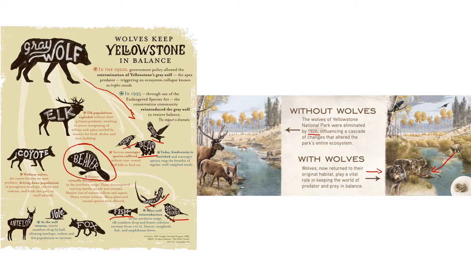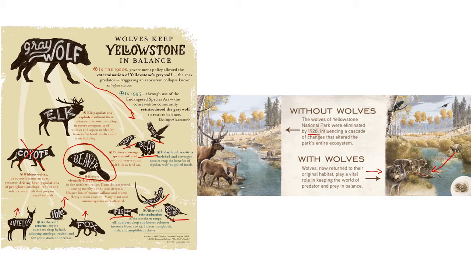Wolves also outcompete coyotes. So without the coyotes, the vole populations increase, the fox populations can increase, and that allows them to return to what their sizes naturally were, and the antelope populations also increase.